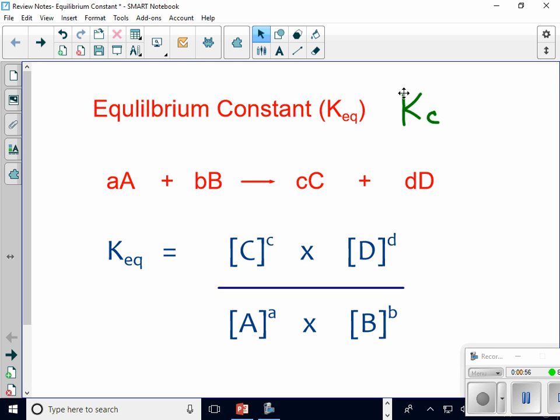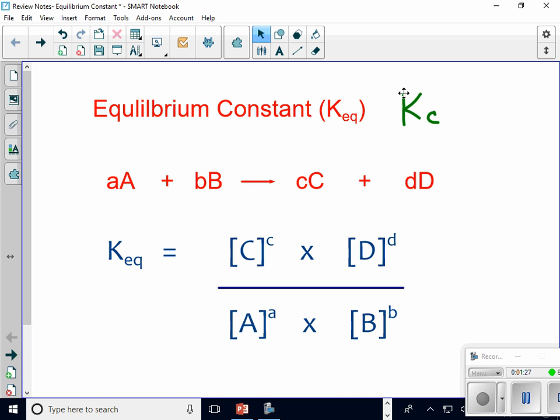But the main thing, the equilibrium constant equation comes from the balanced chemical equation. So when I'm calculating the equilibrium constant, I take the concentration of the products and I multiply those by the specific coefficients that are in front of those.